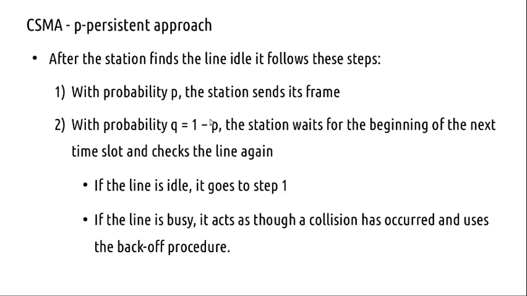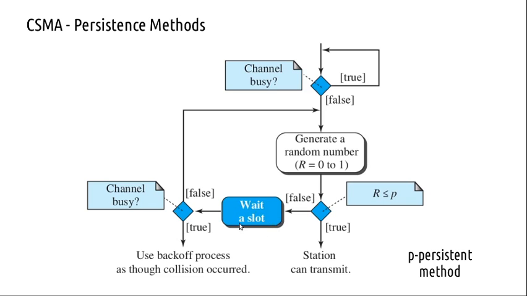So it's a chance you send, and otherwise it will wait for the next time slot. You have assigned time slots, and at the beginning of the next time slot, it will check whether it can transmit the next frame or not. It will check whether the channel is busy or not.